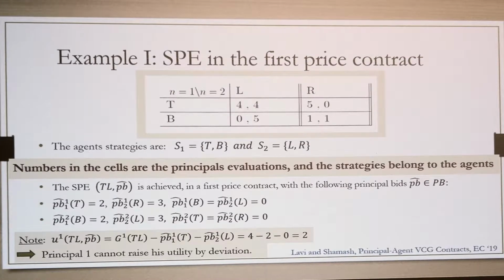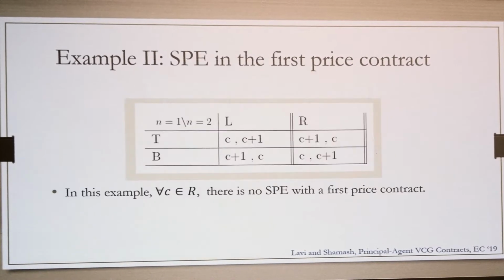And principal 1, for example, is attaining 2 for outcome TL minus the payments of principal bids for T and for L. That would be 4 minus 2 minus 0 equals 2. So principal 1 is attaining 2, and she can't raise her utility in any way.